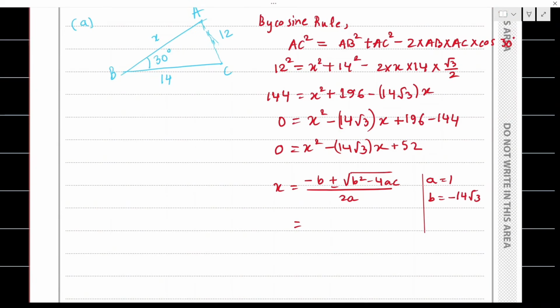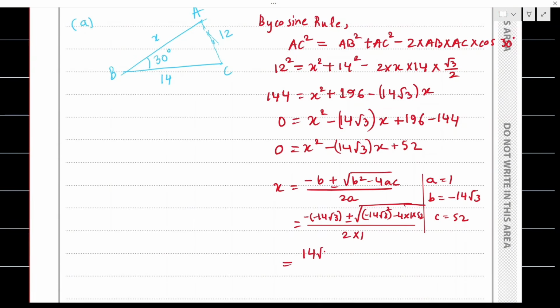And c is 52. C is the constant term of our expression. Now we will input the respective values in the respective places, and this will give us minus of minus 14 root 3 plus minus root over minus 14 root 3 whole square minus 4 into 1 into 52, divided by 2 into a.